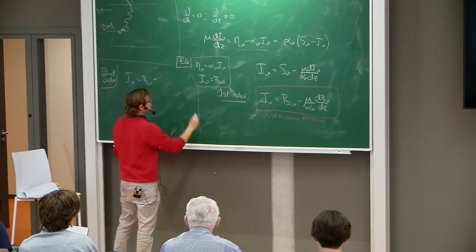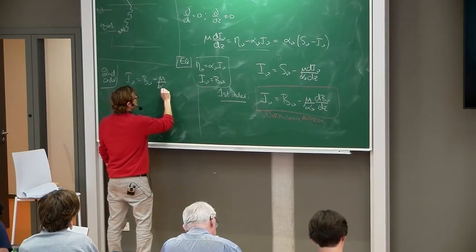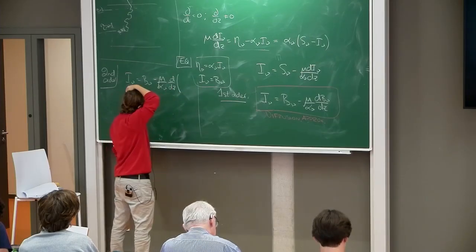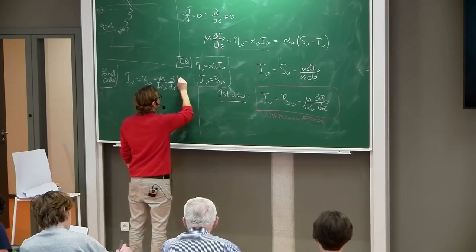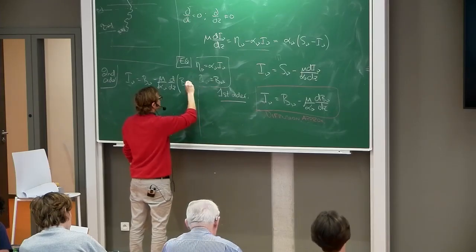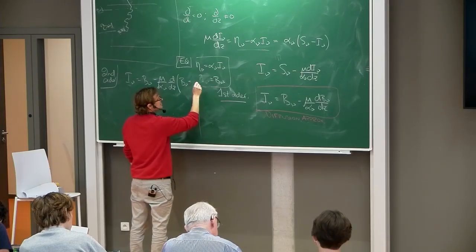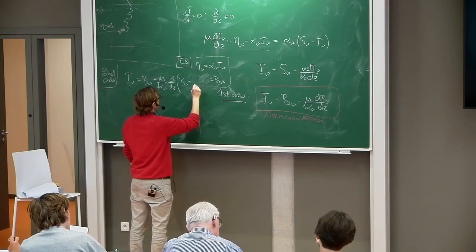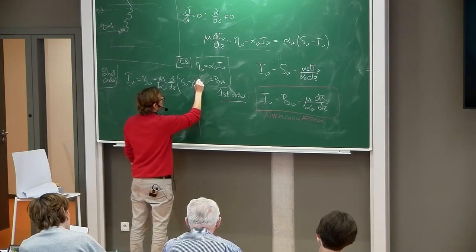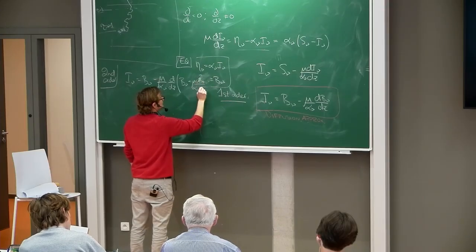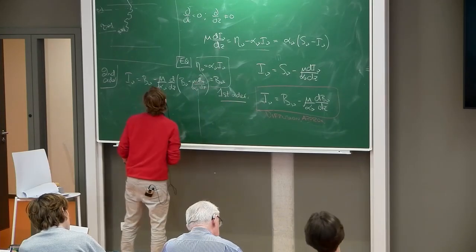It would be alpha nu d d tau, however here we would have B nu minus mu dB nu divided by alpha d tau.